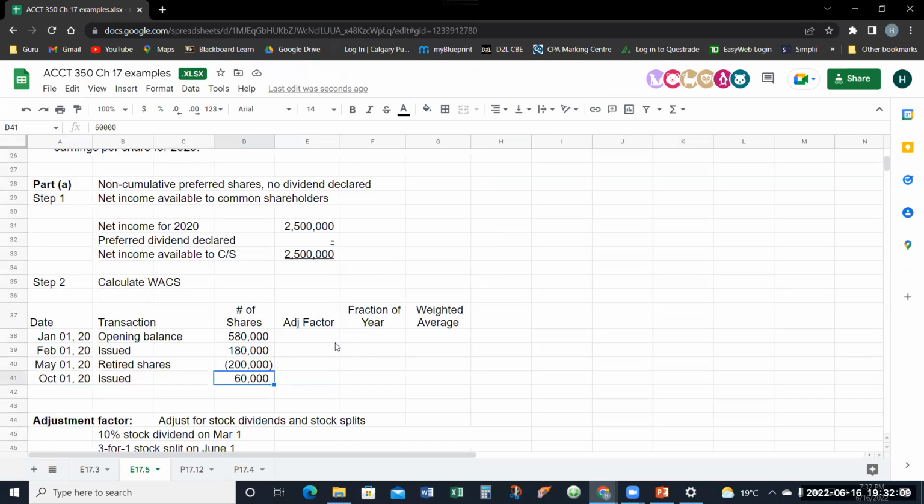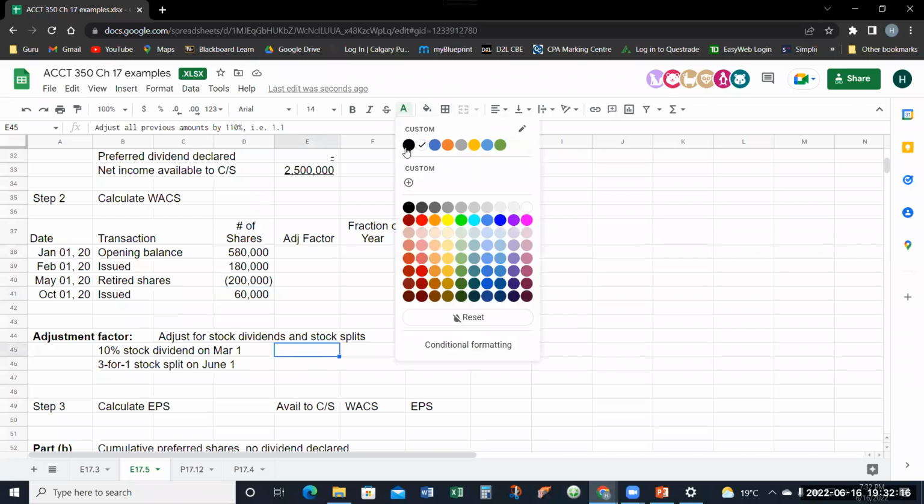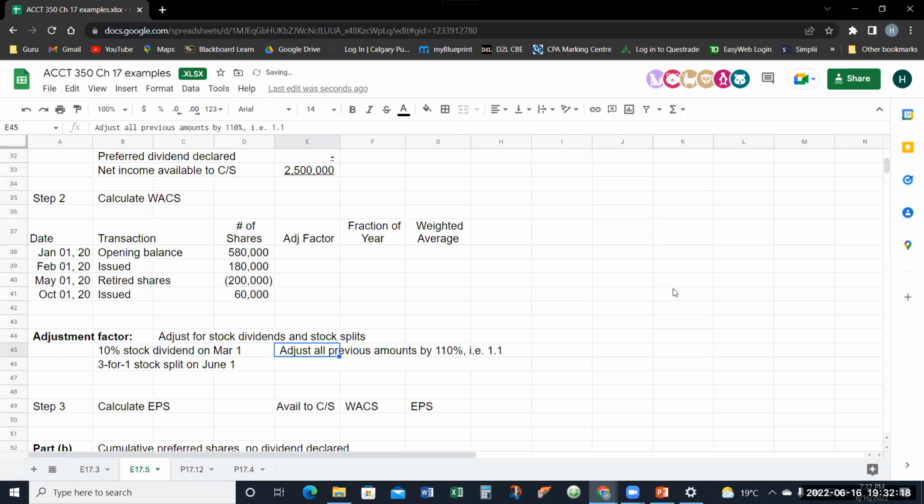So the adjustment factor from that, a 10% stock dividend, will cause all the previous numbers to go up by 110%. If you want to write that as a decimal, 110% is 1.1. You can put the adjustment factor as a percentage if you like.